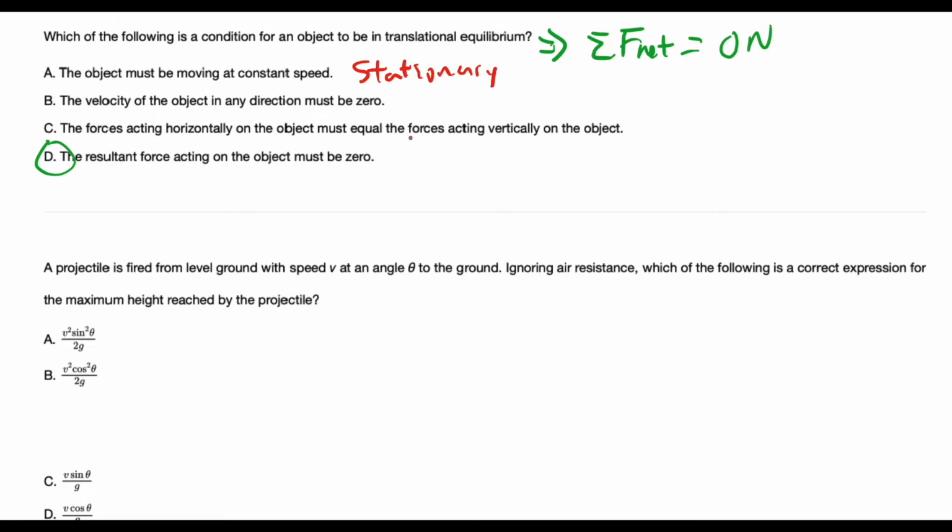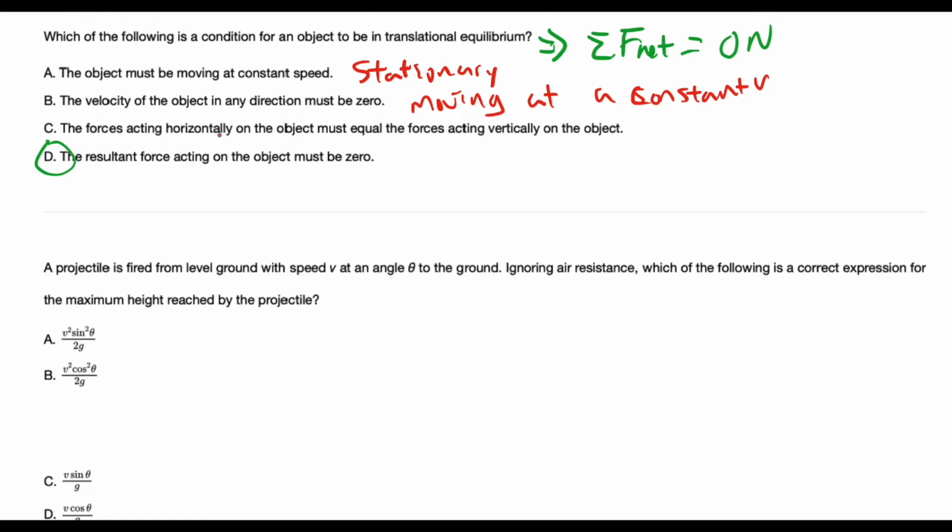B says the velocity of the object in any condition must be 0. This contradicts option A. For an object to be in translational equilibrium, it can be either stationary or moving at a constant velocity. So both A and B are wrong.